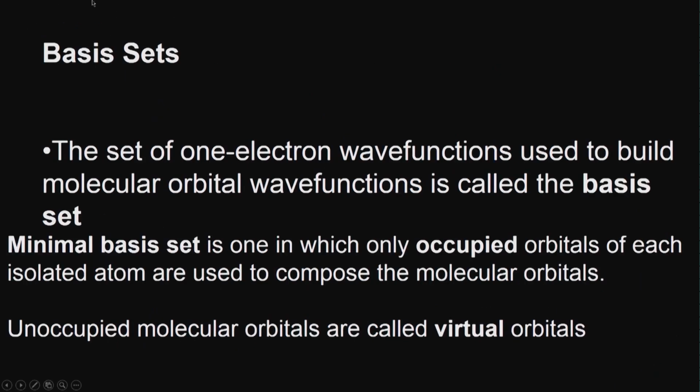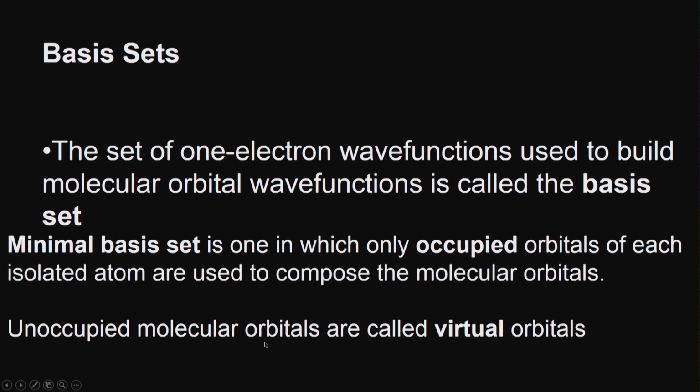Okay, so you need to understand certain terminologies. The most important in ab initio is called basis sets. This is a set of one electron wave functions used to build the molecular orbital wave functions. You also have the minimal basis set, in which only the occupied orbitals of each isolated atom are used to compose.